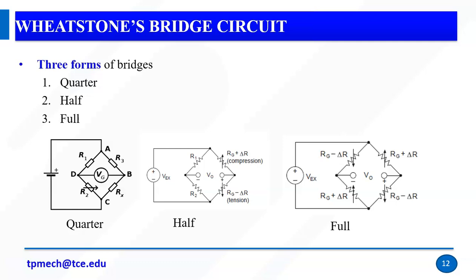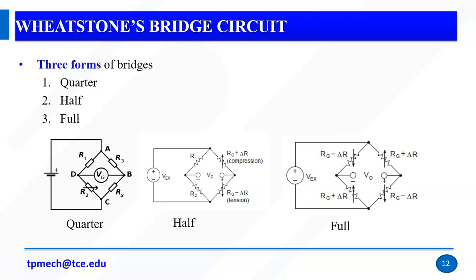So the three types of bridges: in a Wheatstone bridge we have 4 identical resistances. If I change only one resistance value, irrespective of the remaining 3, then we can say it is a quarter bridge. If I vary only one resistance, it is a quarter bridge.